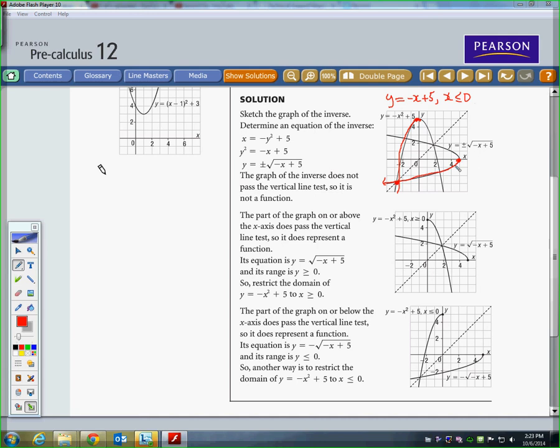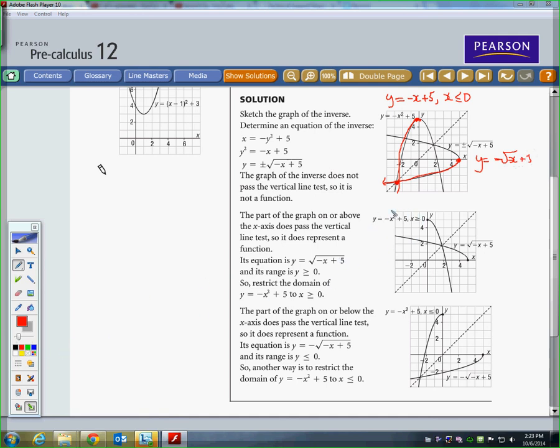And then on the inverse, we would get y is equal to plus or minus all that stuff there, and only this red part would show up. Okay, we would get just the minus part. In fact, over here we would get y is equal to negative times the square root of negative x plus 5.